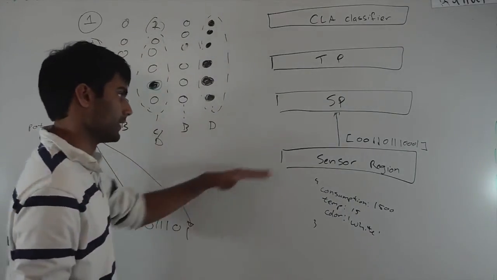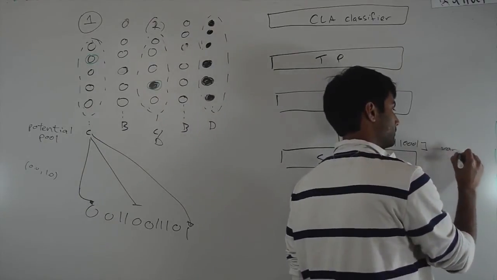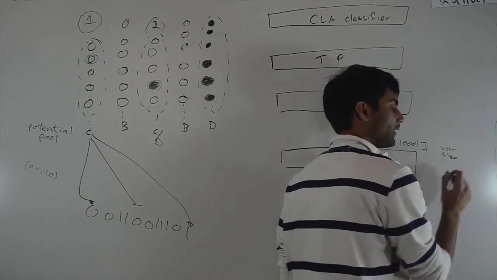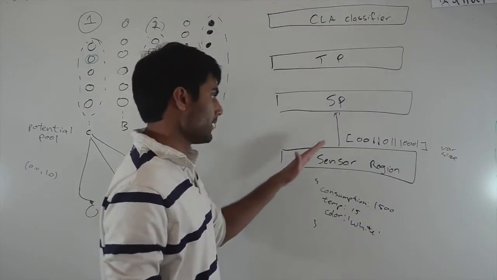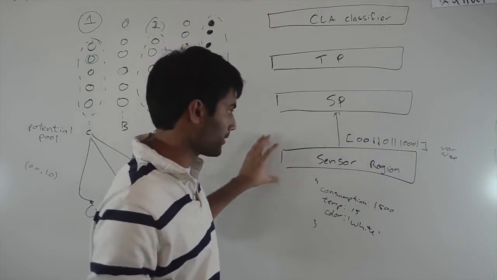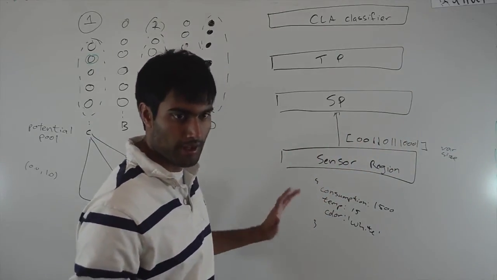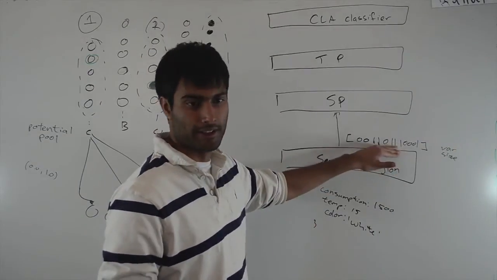This is of a variable size, as in, there are certain parameters of the sensor region that affect how many bits are in this vector. I'll explain those when I talk about how we do this conversion. But that's actually one of the things we swarm over: the size of this.